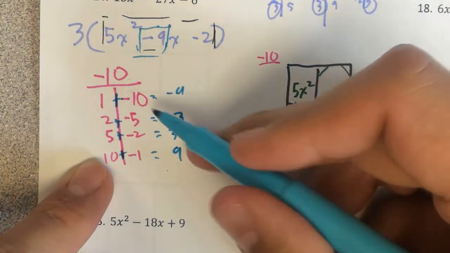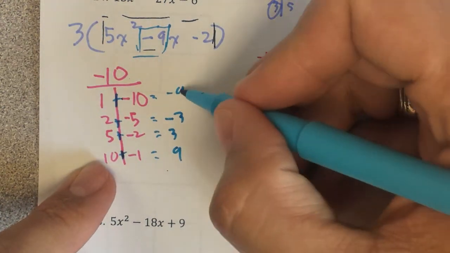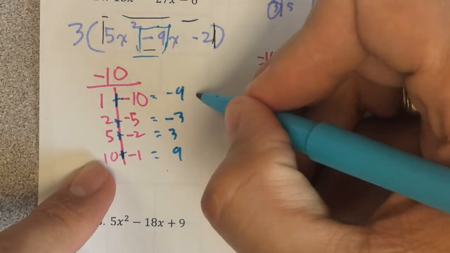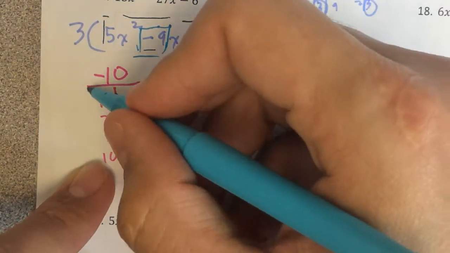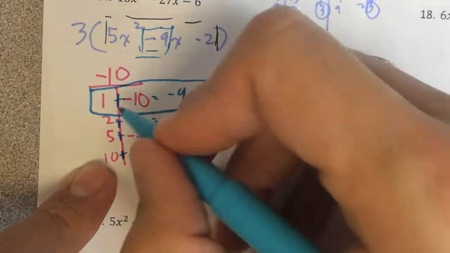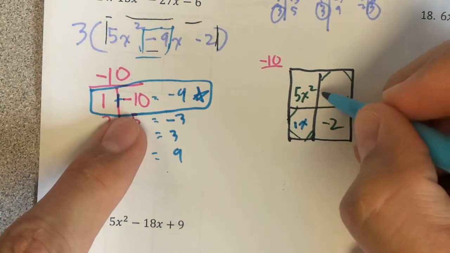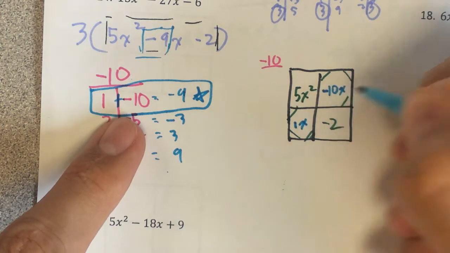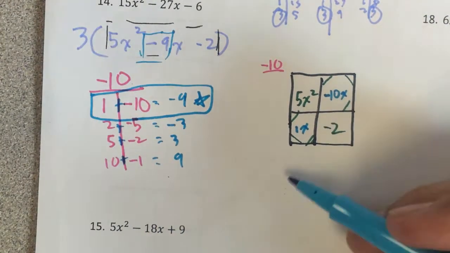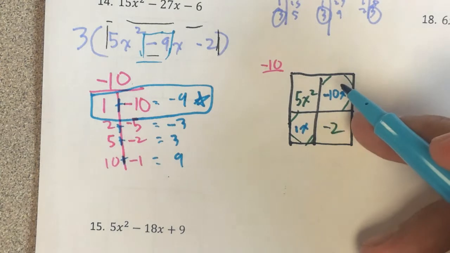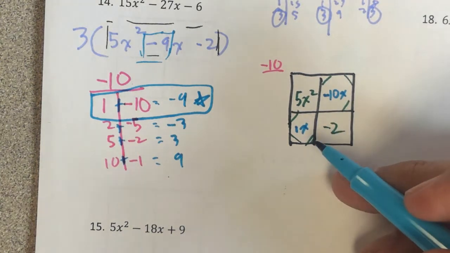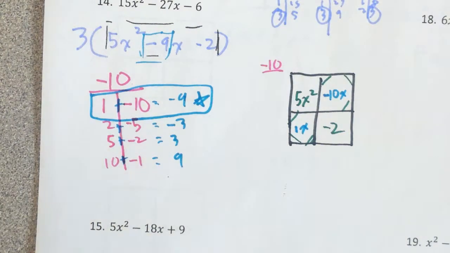You can see relationships there whenever they're negative. So now that we found our negative 9, our matching one, these are the numbers we're going to use. This is going to be 1x, and this is going to be negative 10x. It does not matter where you put them. They will end up in the same place. You'll end up with the same factors.